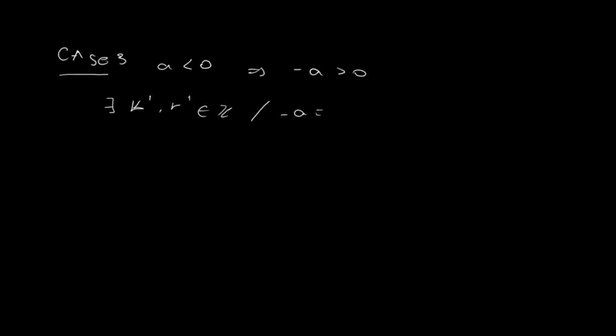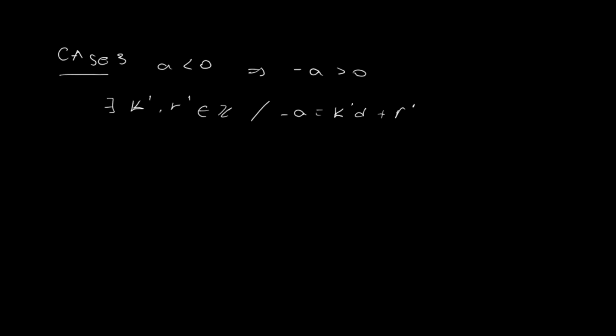And finally, the case number 3 is when we consider that A is negative. In this case, we have that minus A is positive, and so for minus A positive, we have the other two proofs we had before, so we know that there will exist k prime and r prime, two integers, such that minus A equals k prime times d plus r prime.